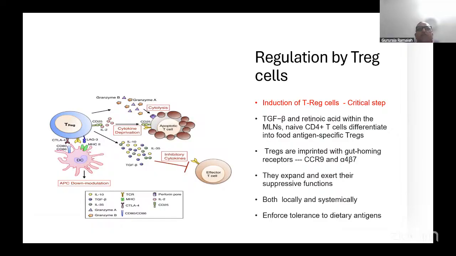Tregs employ a variety of suppressive mechanisms. You can see here IL-10, which is an inhibitory cytokine and inhibits effector T cells. And there is a process going on, cytolysis, apoptosis of the T cells. So they produce anti-inflammatory cytokines like IL-10 and TGF-beta, directly induce apoptosis in effector T cells and modulate the function of dendritic cells to promote a more tolerogenic state.